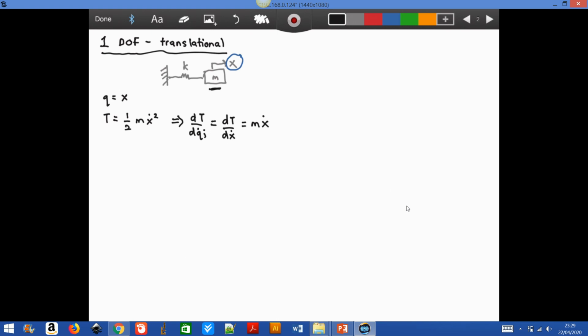Okay, if we differentiate this, we will get m x dot, and d over dt of dT over d x dot is equal to m x double dot.